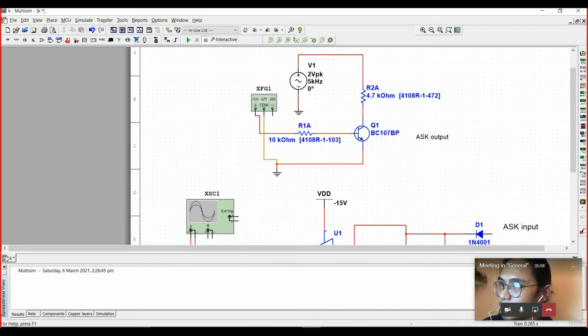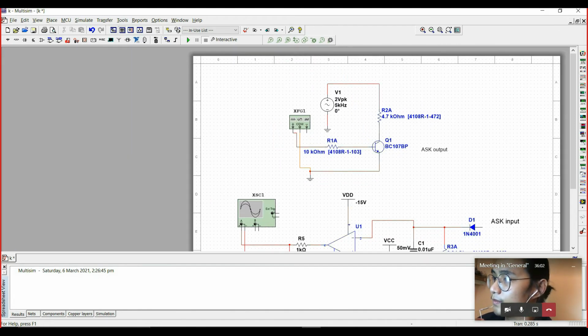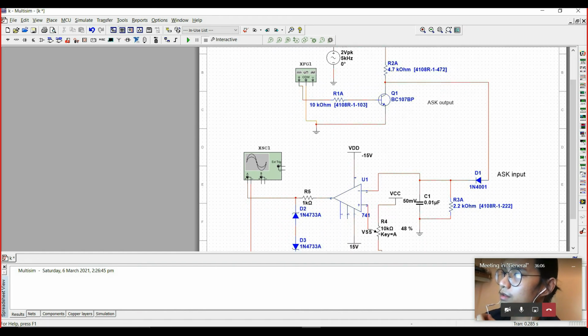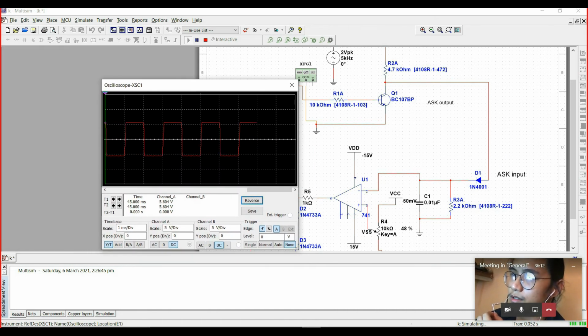Here is the circuit in the Multisim. This is the output of the demodulator circuit.